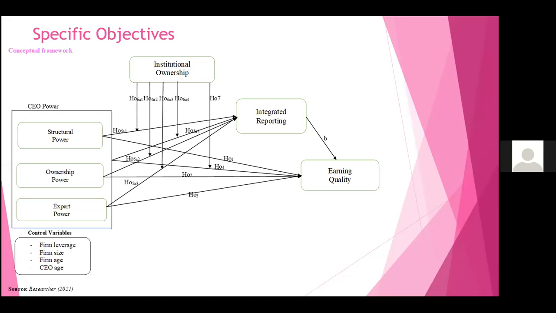My concern is on clarity on integrated reporting. I didn't hear you clearly on the indicators of the integrated report, or I missed it. Earnings quality: we normally talk about the cash flows, they influence the earnings quality.